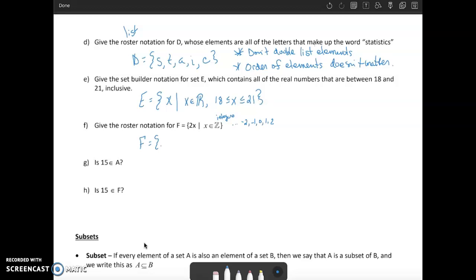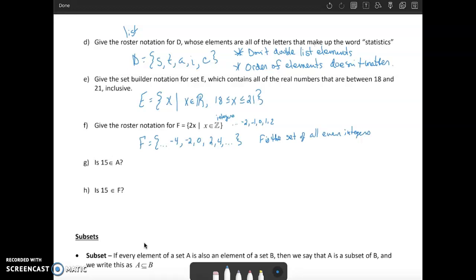So it looks like there's going to be another infinite set, and all these numbers multiplied by 2 would be -4, -2, 0, 2, 4, and so on and so forth. So really what they've described to us there is F is the set of all even integers. Once you multiply all of the integers by 2, now they're all even.